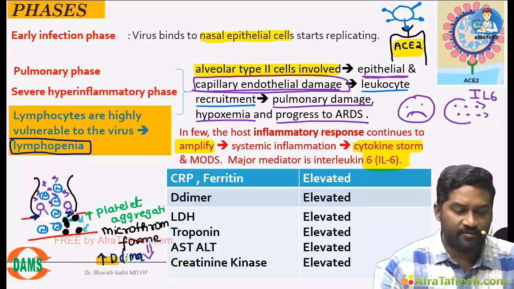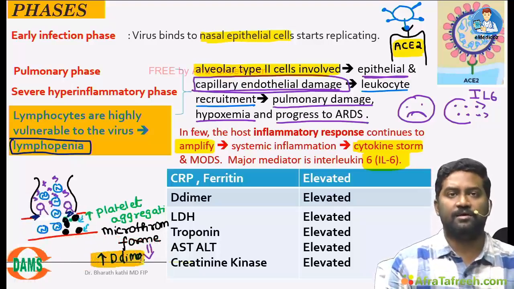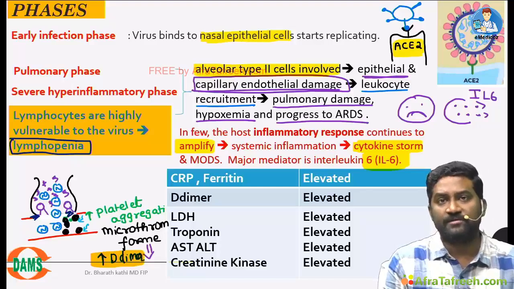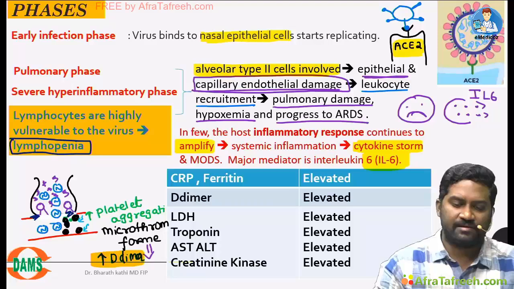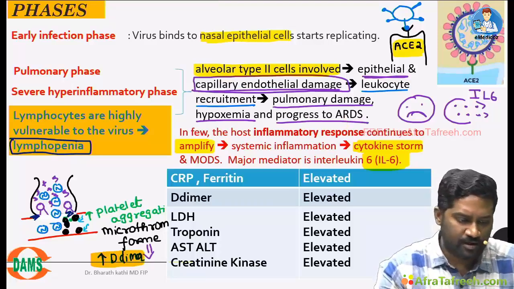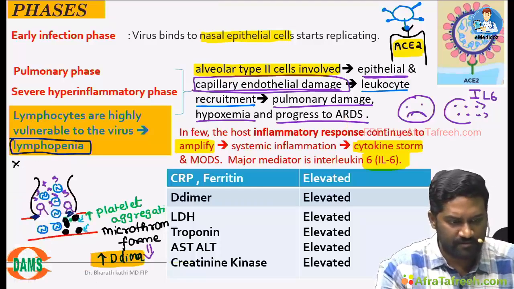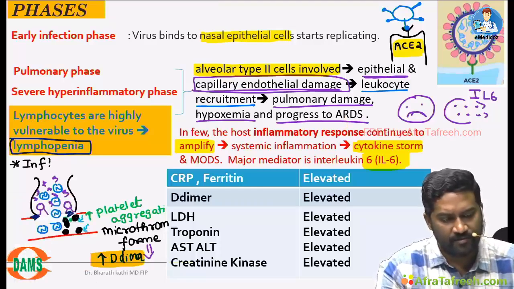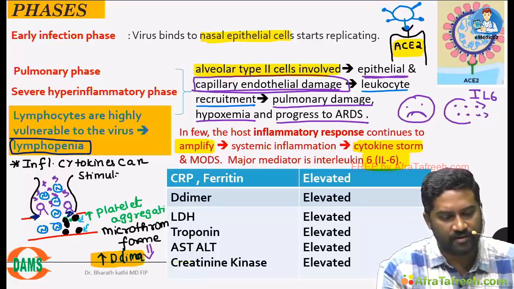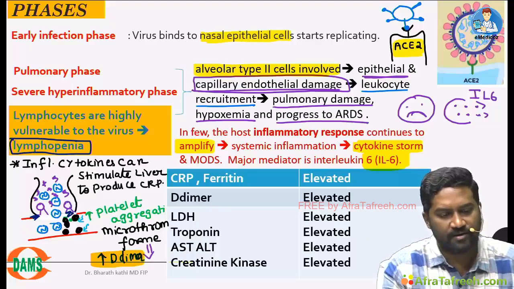Then what is the reason for CRP and ferritin to be elevated? The point to note here is, CRP and ferritin are acute phase reactants produced by your liver. Whenever there is an inflammatory response, these inflammatory cytokines can stimulate the liver to produce CRP and ferritin.